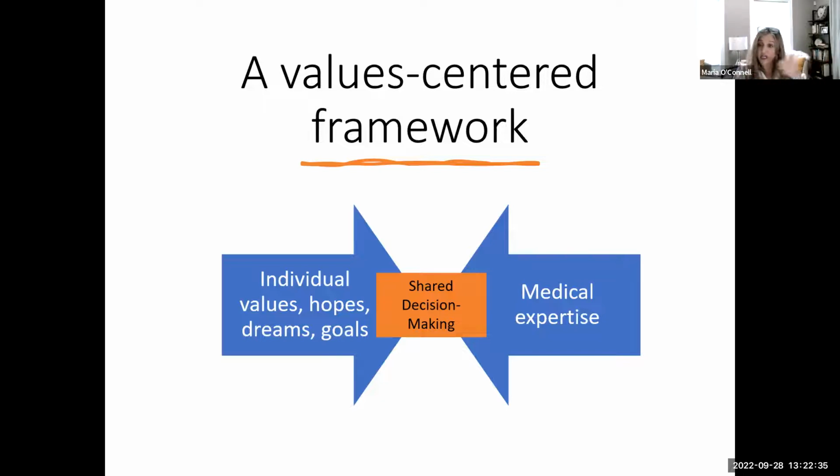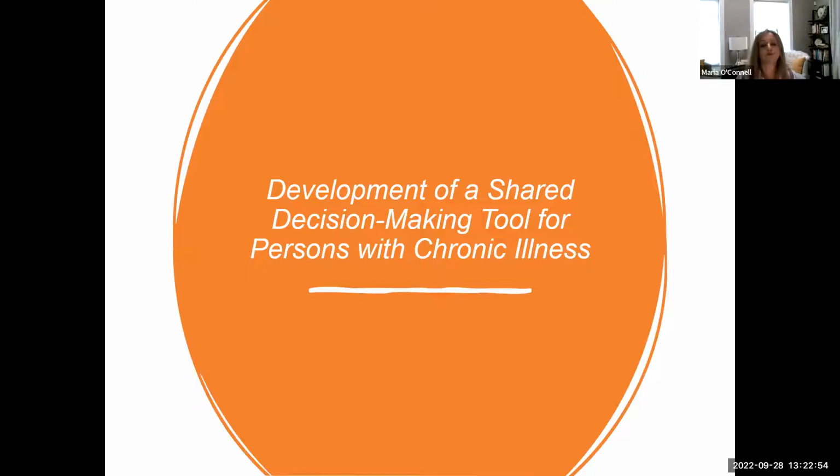Then you as a patient weigh that against your own preferences, which maybe you haven't articulated yet, and then you make a decision that you both agree on. This framework starts with the individual, and we think it's more consistent with person-centered care.